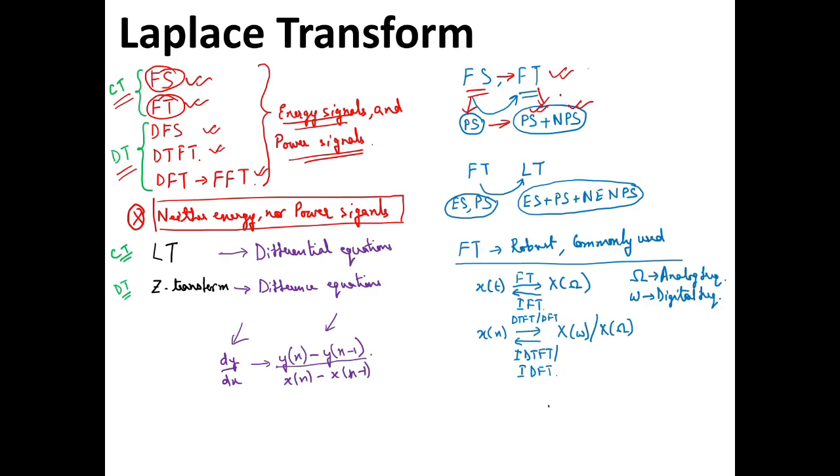Now, this Fourier transform is a robust transform and can be used in many applications. For example, you can use it in medical applications, in power electronics, in normal digital signal processing, and in geology for analyzing seismic activity.